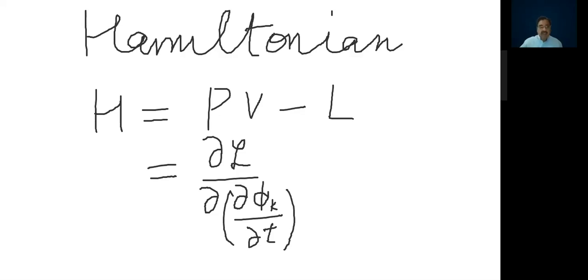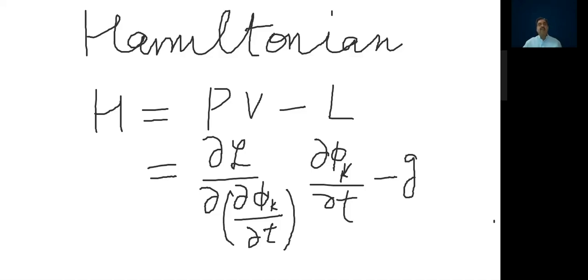So this thing in the bracket, del phi k by del t, is the generalized velocity, and then we write here v, and for v it is just this thing, phi k and t, right? Minus L. Now what should this L be? L generalized should be given as something called the Lagrangian density. So better still, at this stage you should write this down as the Lagrangian density, right?